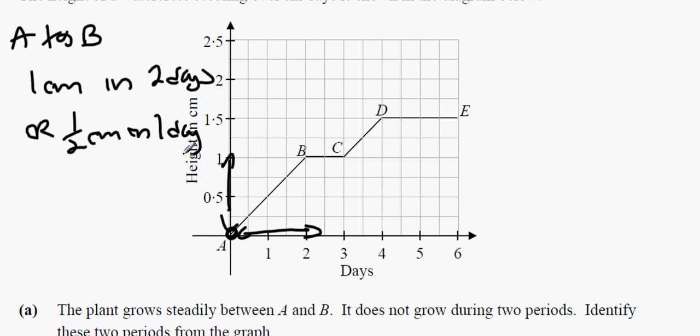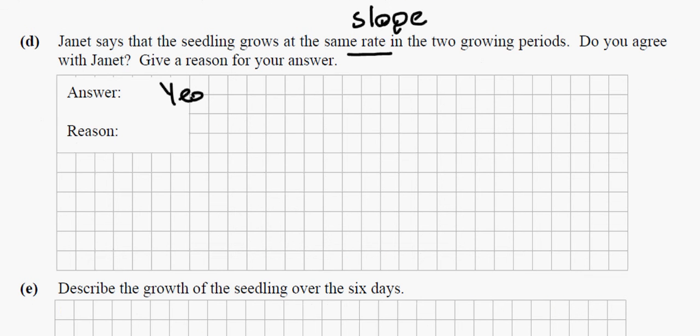Okay, let's look at C to D now. The time is 1, so it's half a centimeter in 1 day, because it grows up half a centimeter in 1 day. Okay, so let's give a good reason for this. Yes, both growing periods have the same slope.